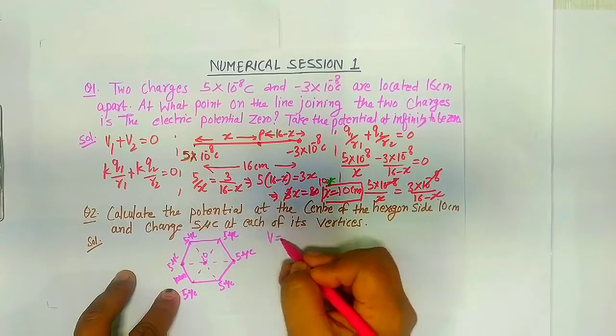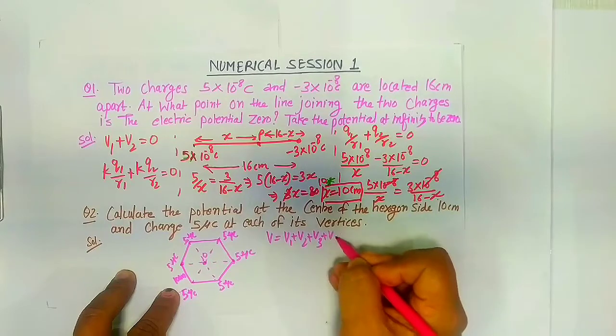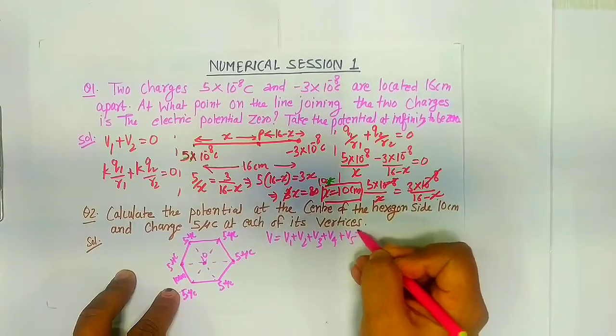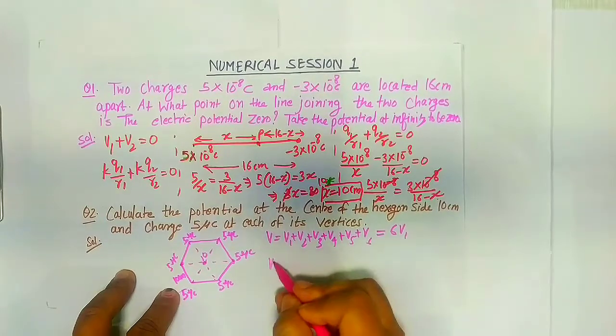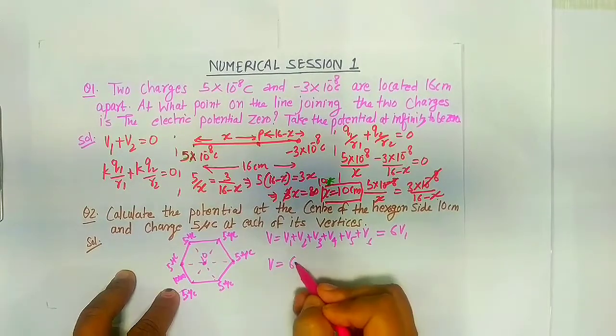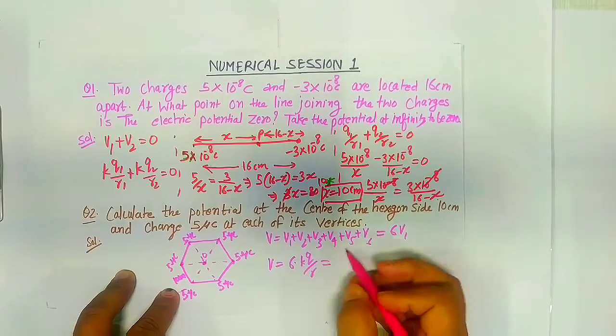What is the net potential? It will be V1 plus V2 plus V3 plus V4 and so on. It follows additivity, which we have already explained. So it will be 6 times V1. So V will be 6KQ by R. I think we can directly multiply.